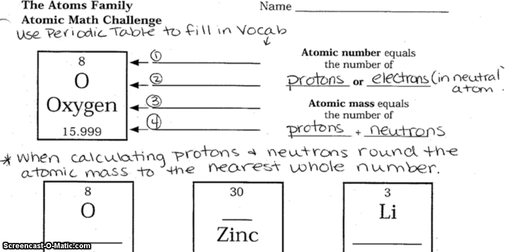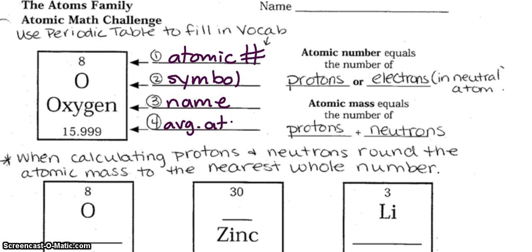So just as a reminder, we're going to fill in 1 to 4 in the top left there. So we have our atomic number up on top, our symbol of the element, the name of the element, and the average atomic mass.